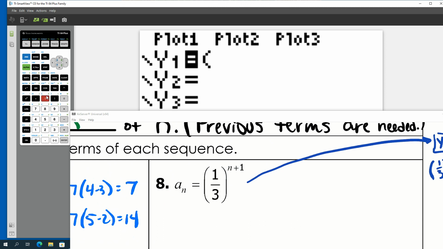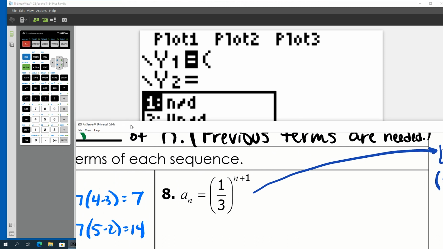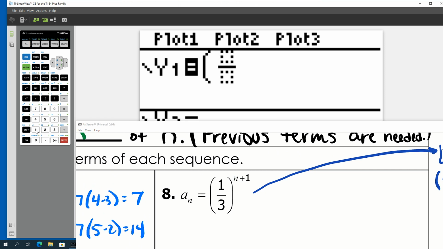All right, and then when I do 1/3, I am going to do it as a fraction. So alpha y equals, and then choose number 1. If you do it another way, it's still going to give you answers. It'll just be decimals.